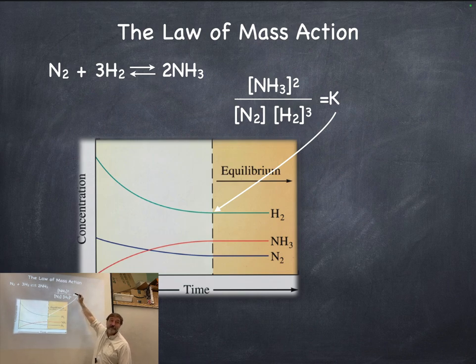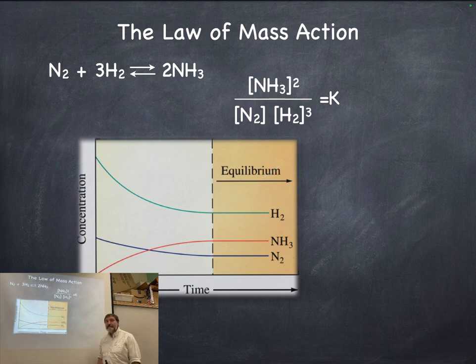You'll see it as capital K sub EQ, capital K with a sub C for concentrations. There are some variants of it that we'll learn about next week. All right? So, our law of mass action is equal to K.